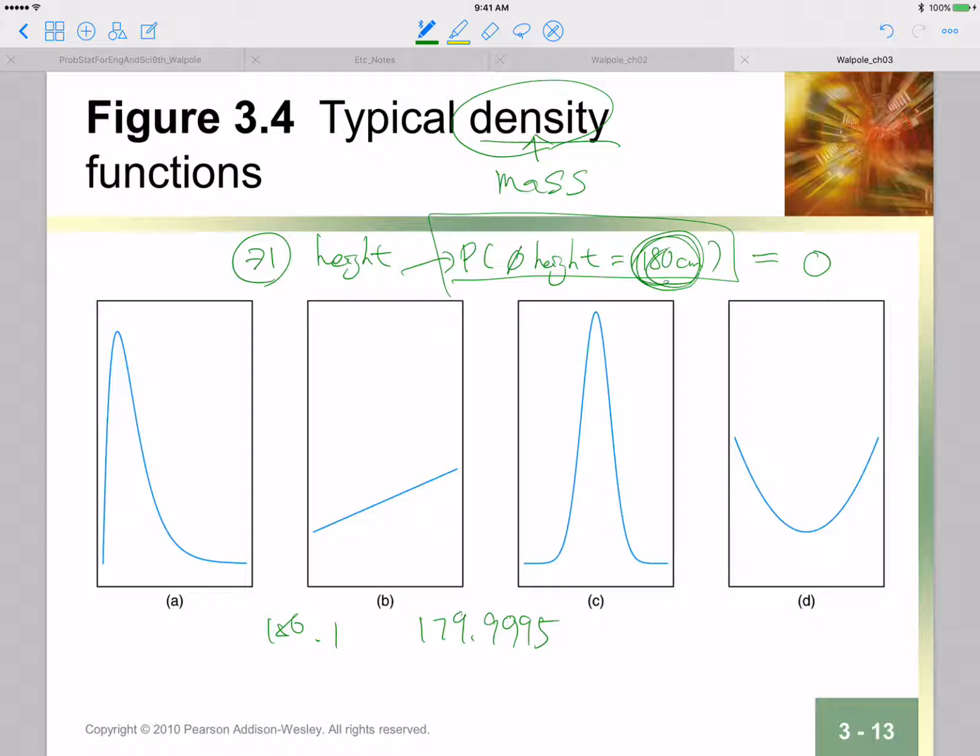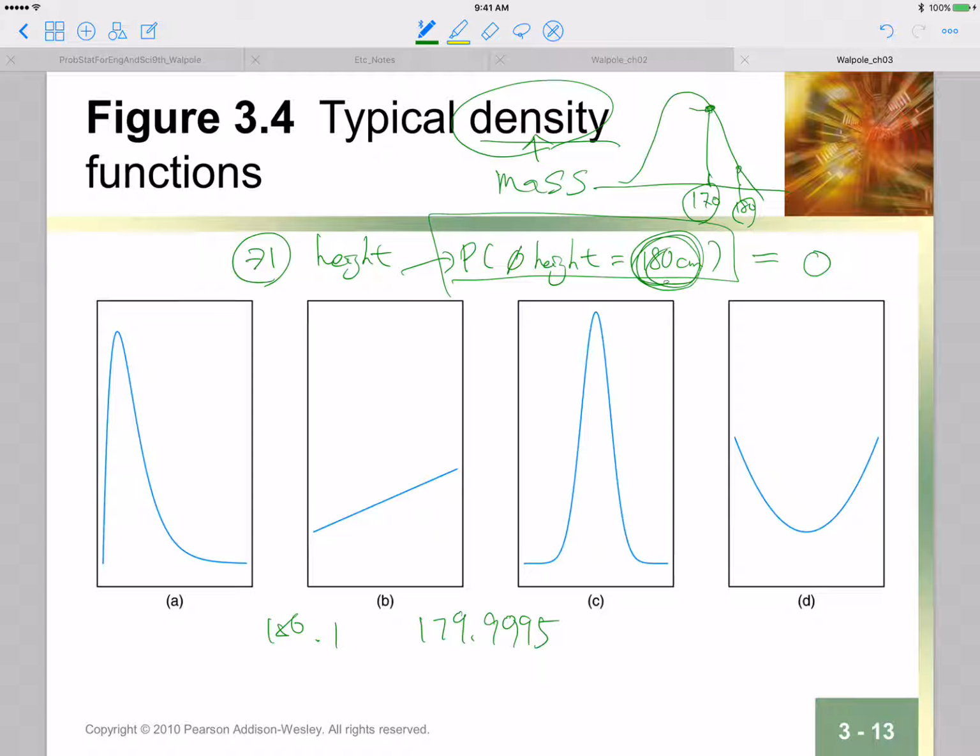In this distribution, when talking about the Gaussian distribution or normal distribution, this type of mountain-like probability distribution is actually the probability density, right? So even though we can say 170 centimeter and 180 centimeter, the probability density is much higher in the case of 170 centimeter compared to 180.